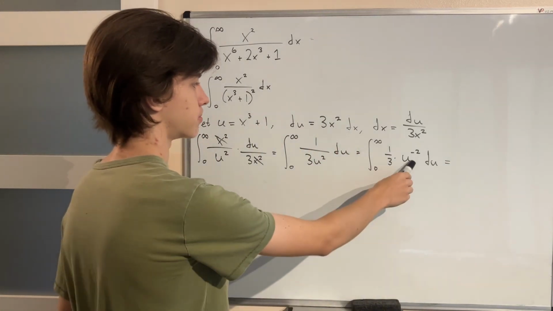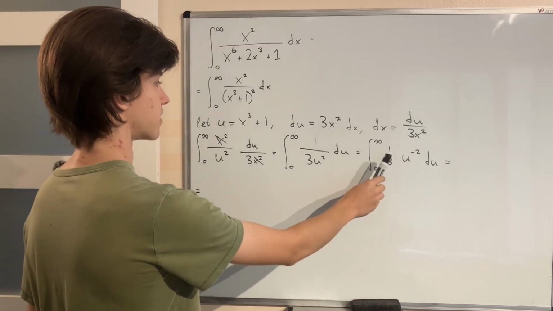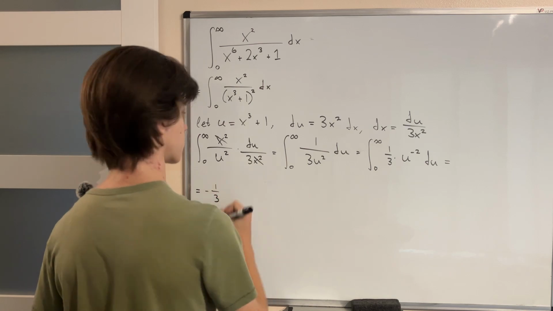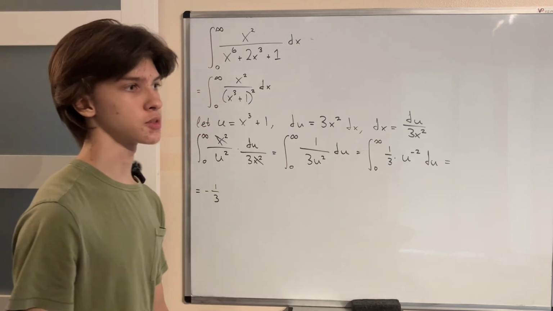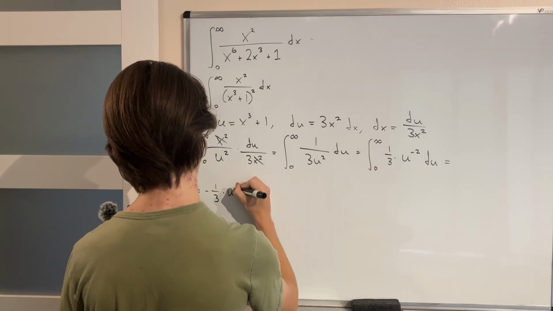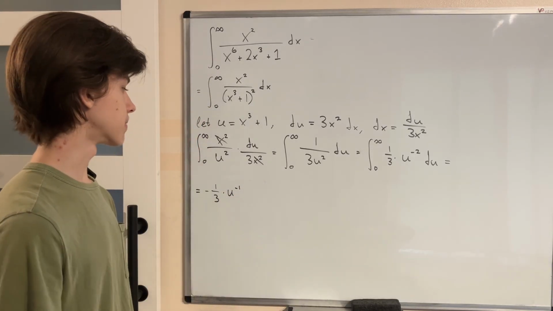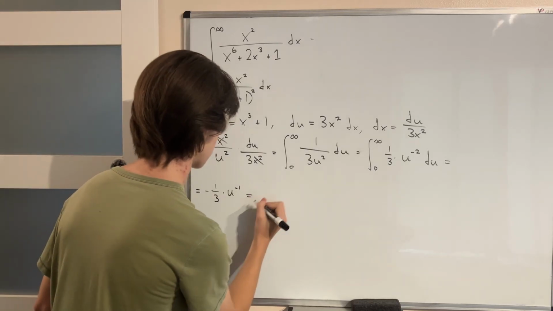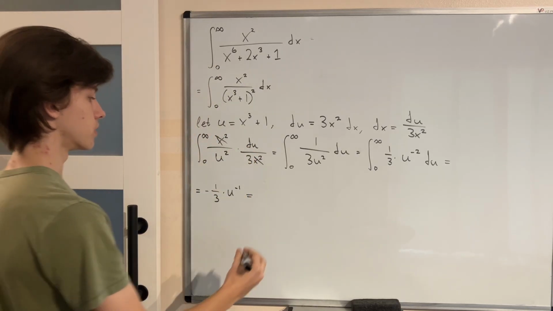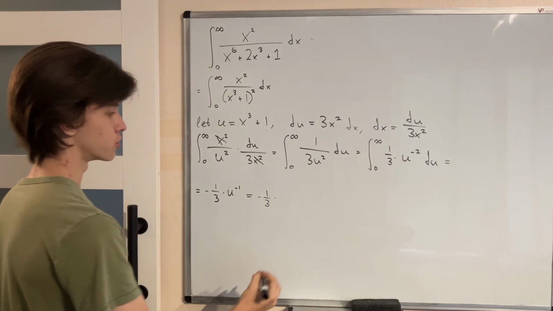We're going to take the power plus 1, so u to the negative 1, multiply it by this coefficient here, and get negative 1/3, right? Because minus 2 plus 1 is minus 1. We multiply it by that, and then we multiply by u to the negative first power, also power raised. And then we can add a constant, but not really, because then we can substitute back in the function we had of x for u, and it is going to equal negative 1/3 times u to the negative first.